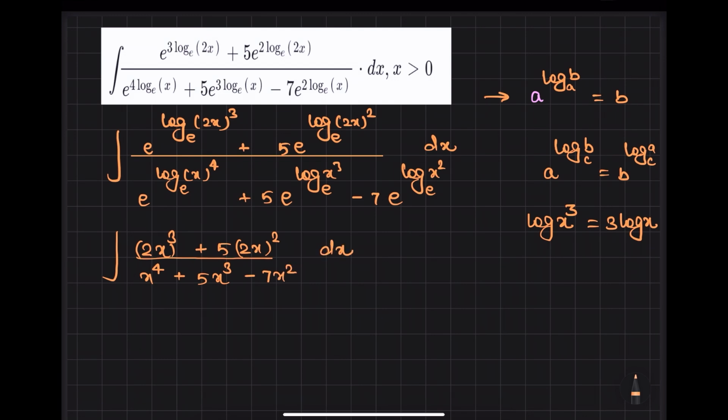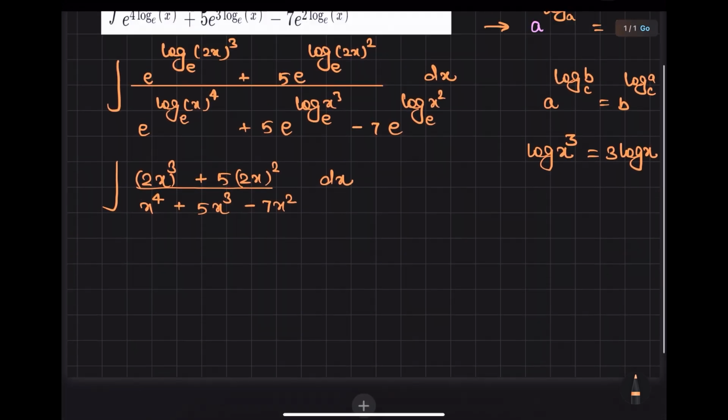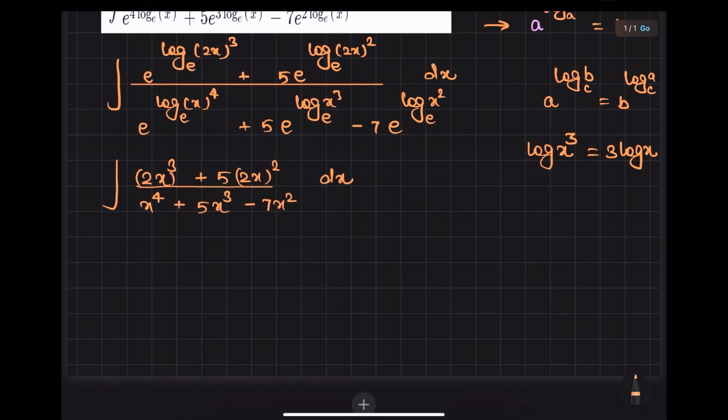Now if you observe, the denominator is bigger than the numerator. So how will we handle it? Just simplify things first. I will take something common. So can I write 8x cube plus 20x square, and the denominator is the same, x power 4 plus 5x cube minus 7x square dx.